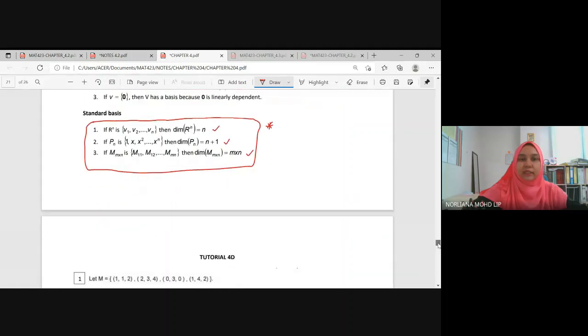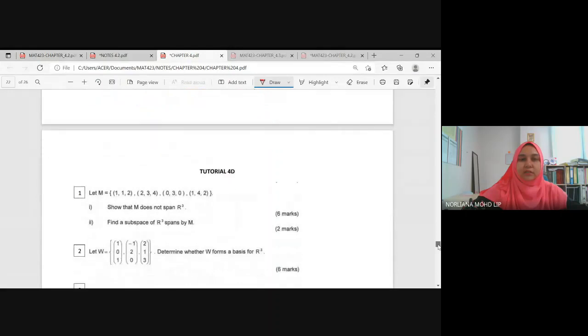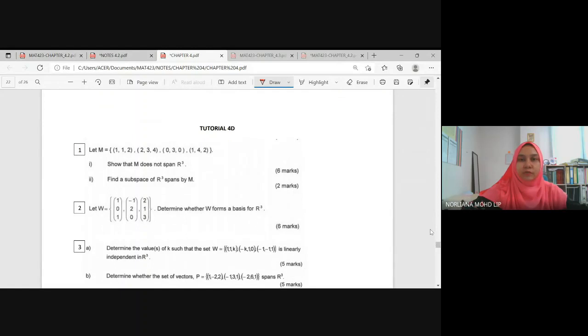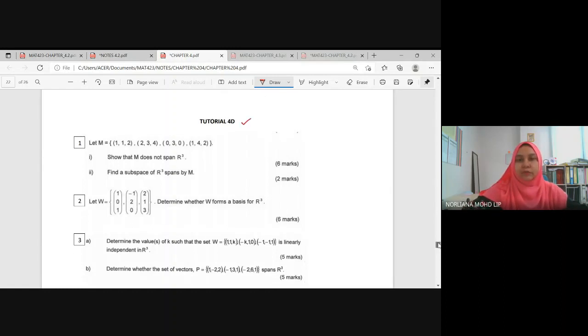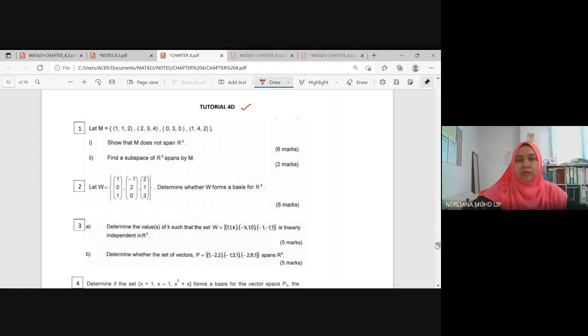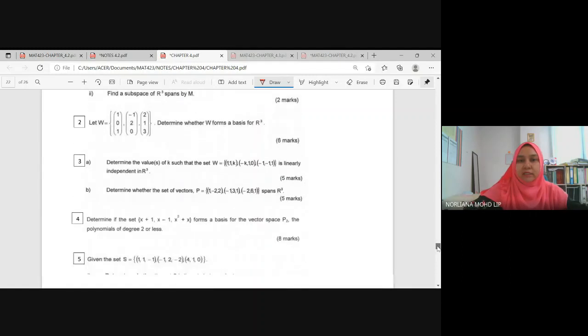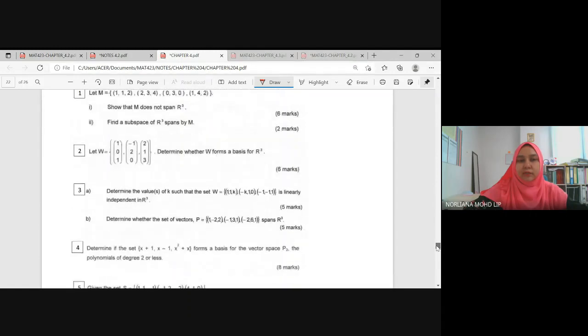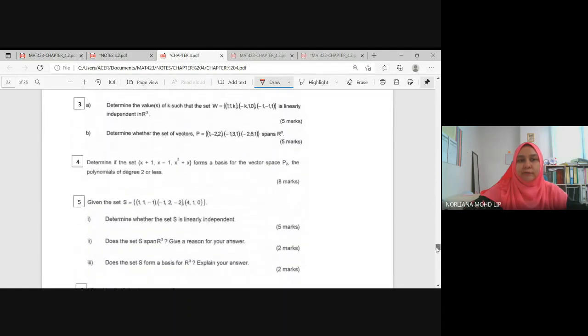Okay, ada soalan tak? So, okay, so kita dah habis semua yang 4.2. Okay, then you all boleh tutorial nanti boleh cuba buat ni lah, tutorial 4D. Tutorial 4D consists of question for spanning set, linear independent, basis. Ada 3 tu lah. Cubalah buat ni. Cuba buat number 1 until number 5.